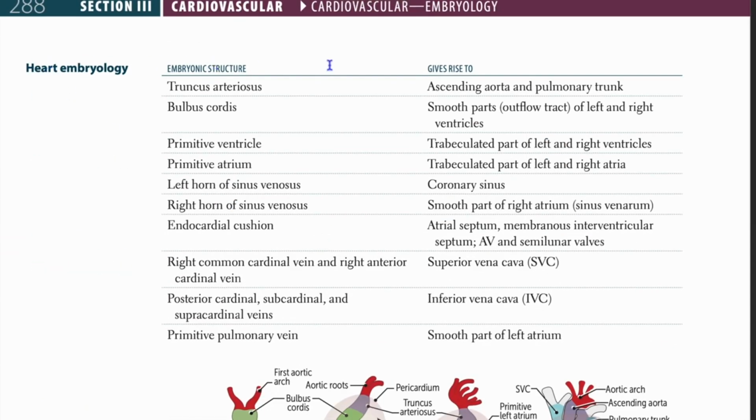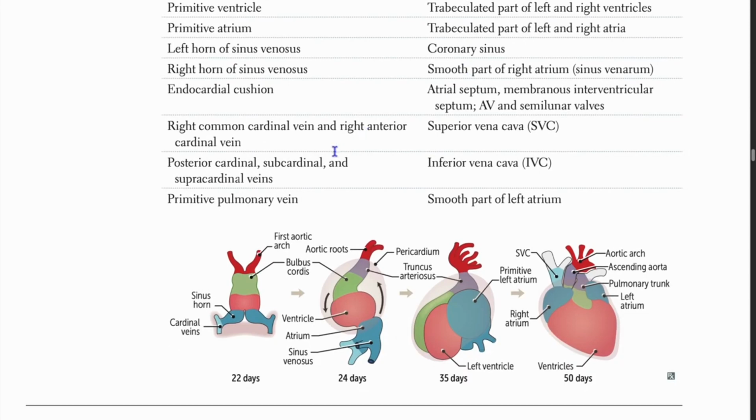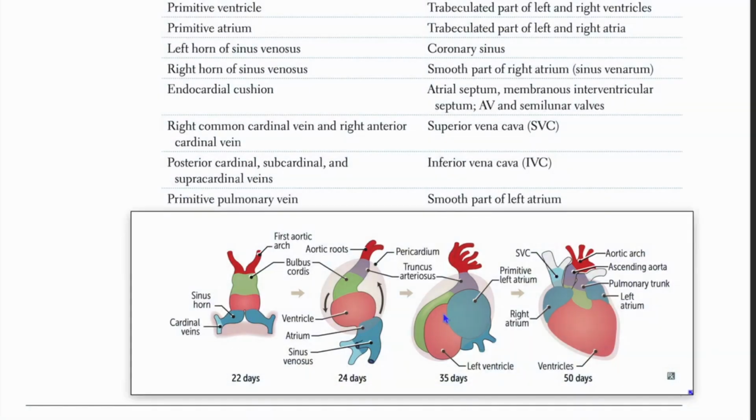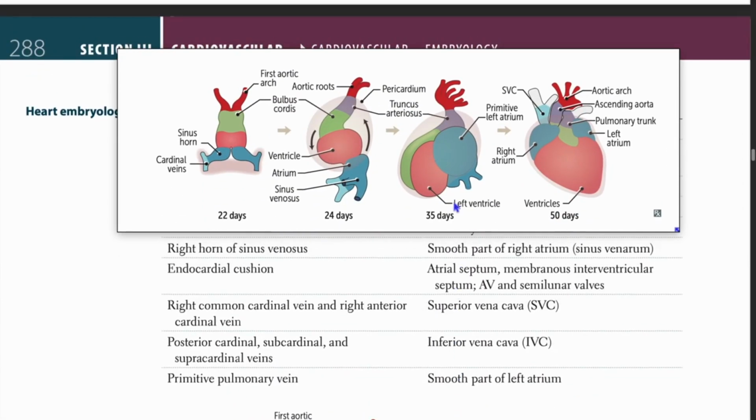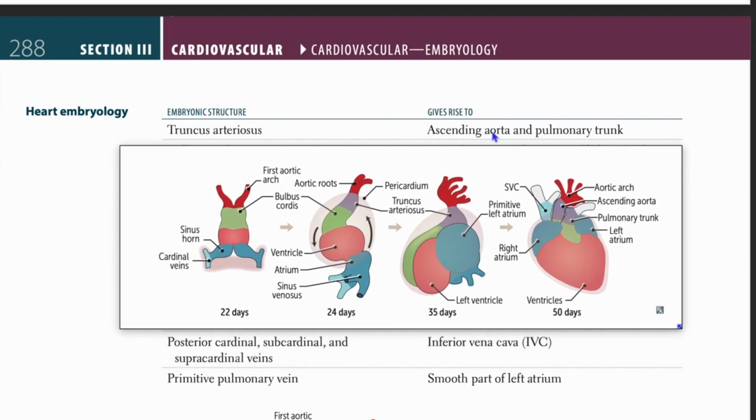With that, heart embryo. So embryonic structures, and what it gives rise to. Okay, so truncus arteriosus, ascending aorta and pulmonary trunk.